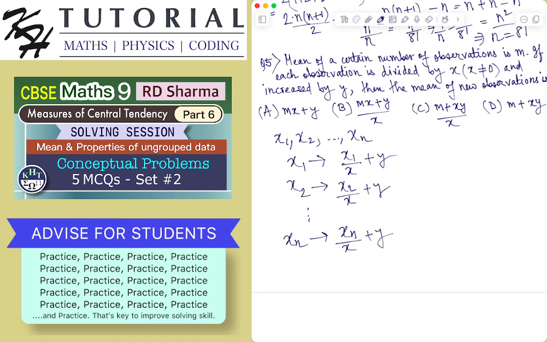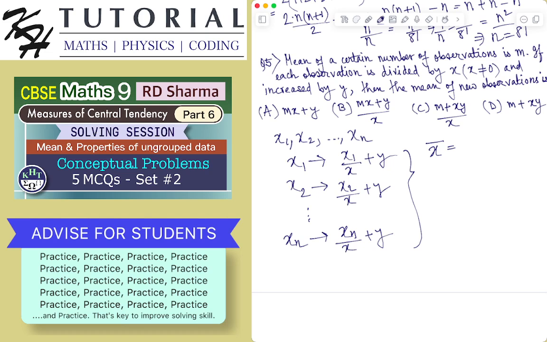So what will be the mean of the new observations? That is, what will be the mean of these observations: the first observation is x1 by x plus y, x2 by x plus y, xn by x plus y. Please notice how each observation is being changed.